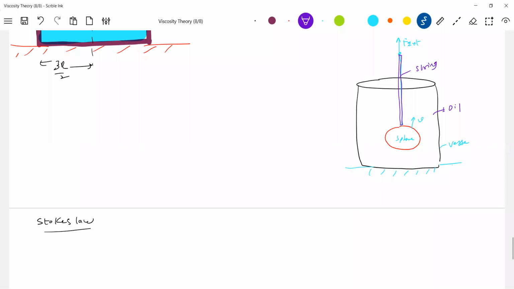Area of the surface of a sphere, how much? 4 pi r square. What is the velocity v? So what is the viscous drag? In fact, viscous drag and weight will act. So what is the external force I should apply? Viscous drag plus mg. What is the viscous drag? Eta 4 pi r square v. Till here, no problem. But what to write here?